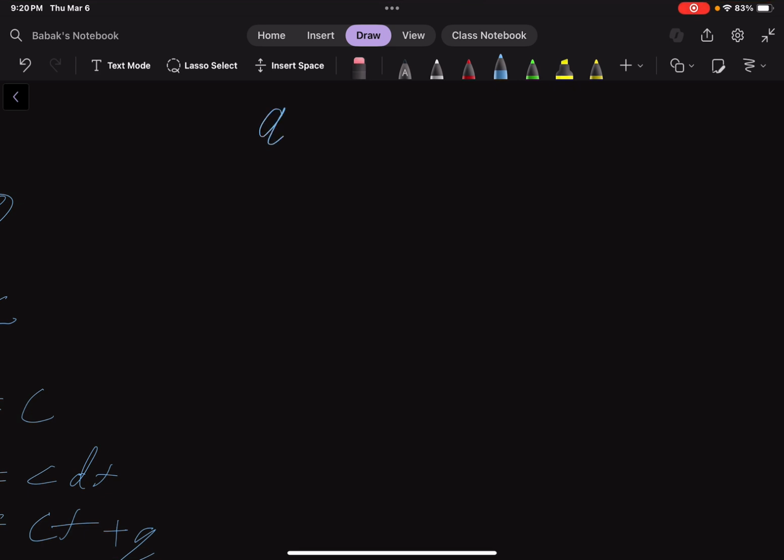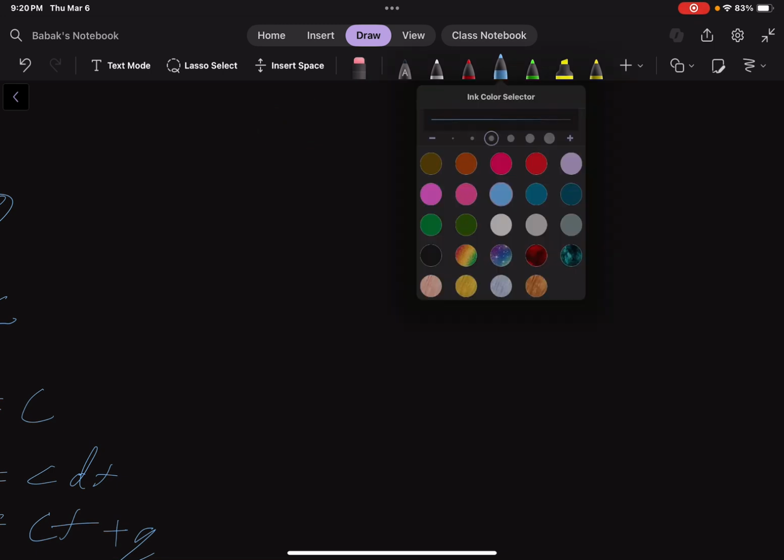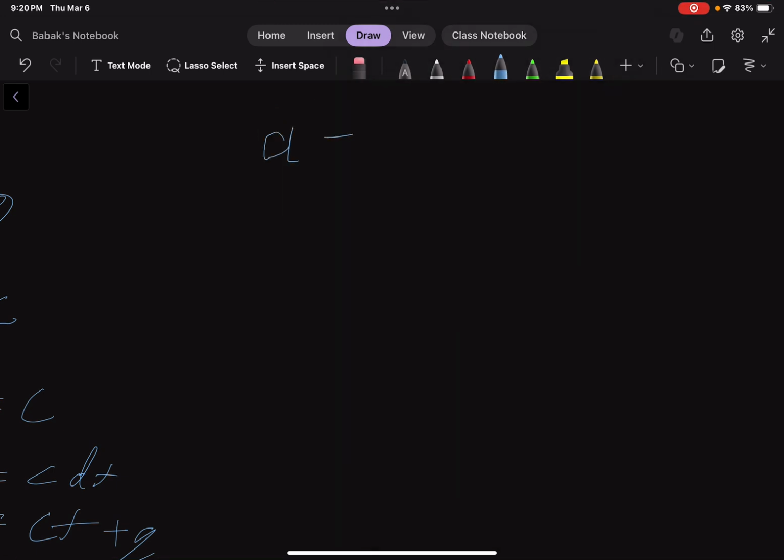Our acceleration, since it is constant, is equal to 3 meters per second squared. Let us say our initial velocity is equal to -6, and our initial position is equal to -2.